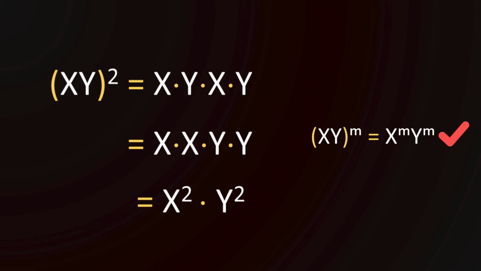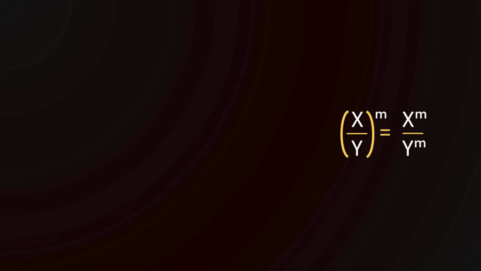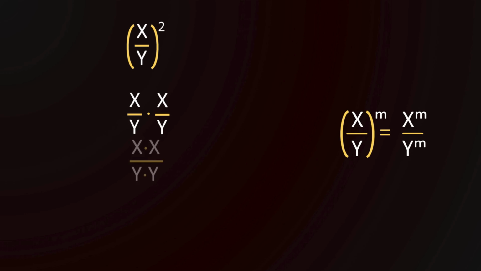So that got verified. In the second expression, we have the quantity x over y squared. It can be written as x over y times x over y. Now to multiply these fractions, we just multiply the numerators and multiply the denominators, which give us x times x over y times y. And this can be written as x squared over y squared. So that one checks out too.